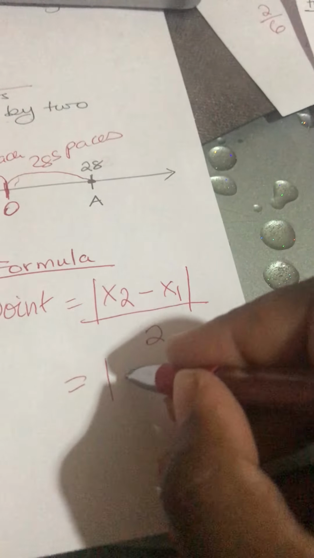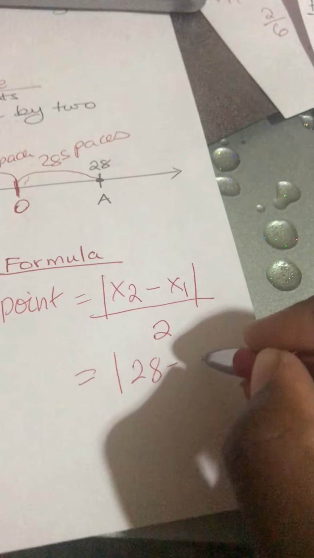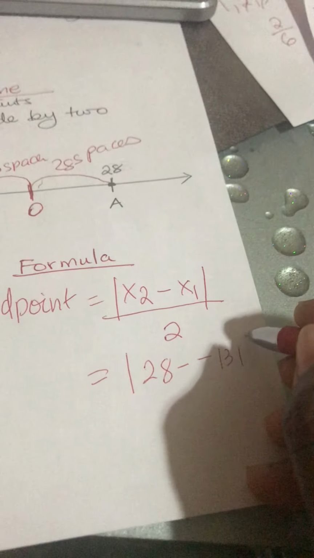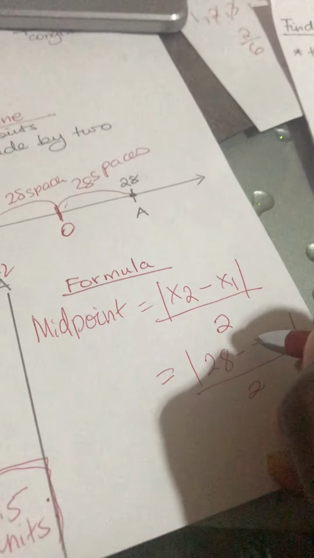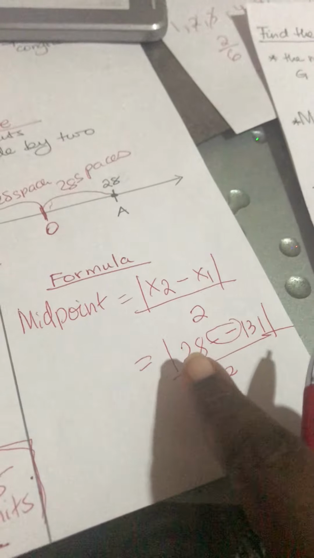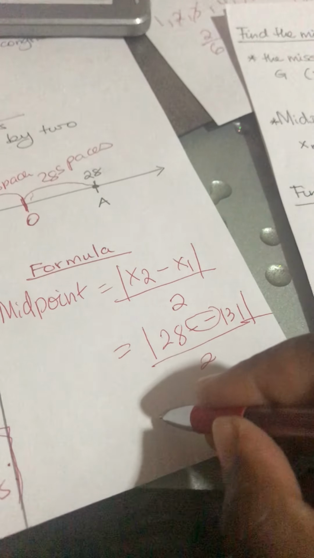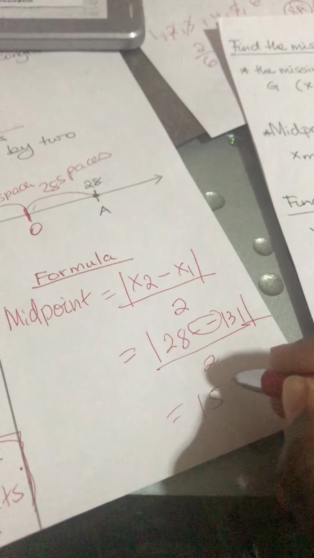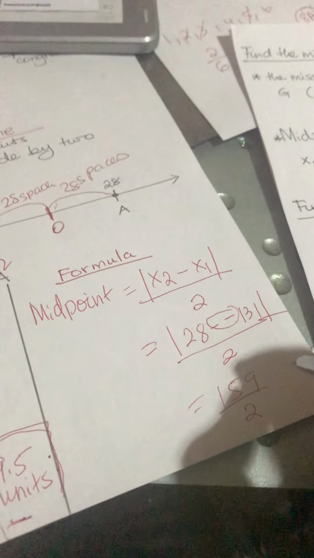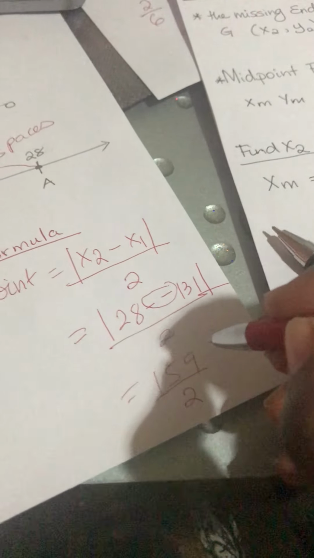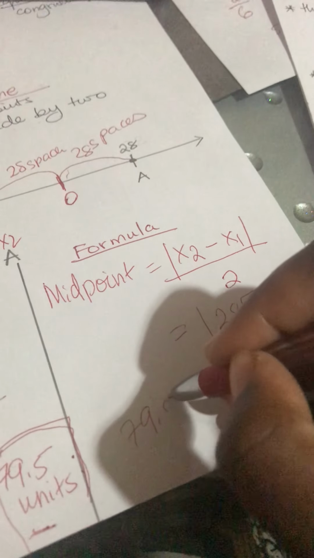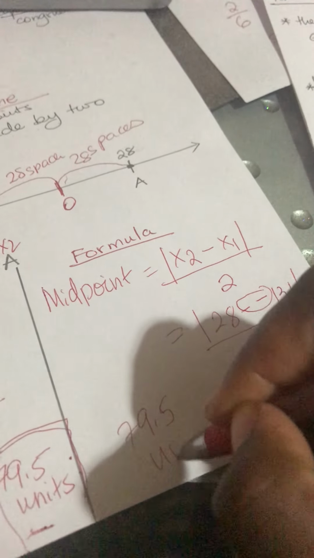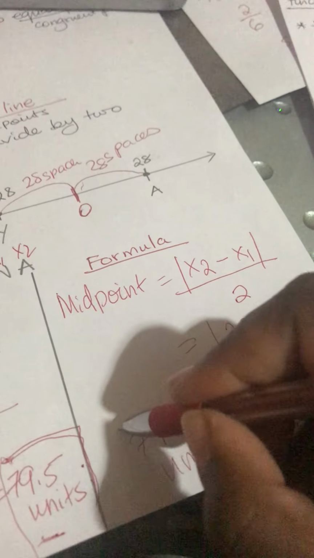So 28 minus negative 131. And I'm going to divide by 2. So if I add this, I should get 159, and I will divide by 2, and my answer should be 79.5 units.